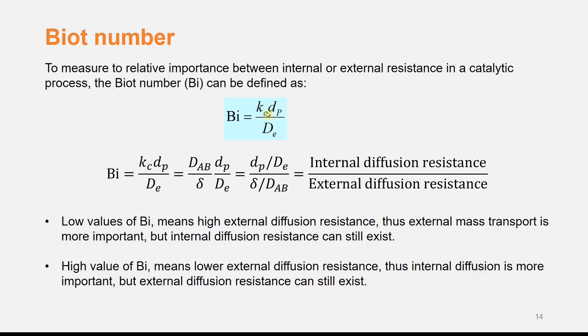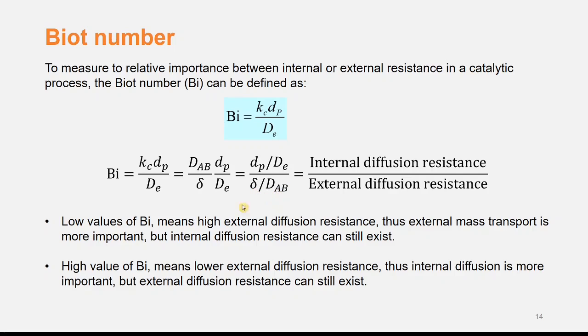Remembering that kc is equal to DAB, the diffusivity of A in B, divided by delta, the film thickness, we can write the Biot number as dP over DE divided by delta over DAB, which is the ratio of the internal diffusion resistance to the external diffusion resistance.